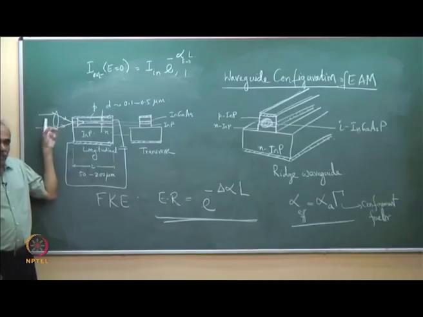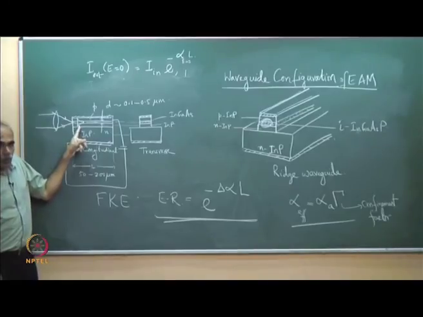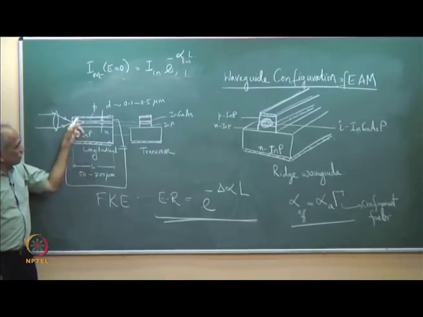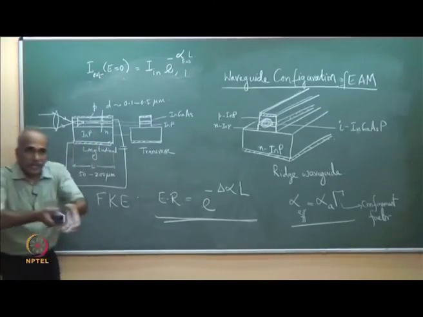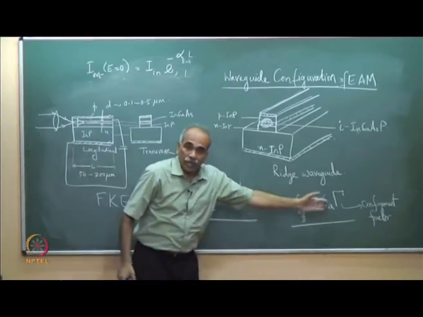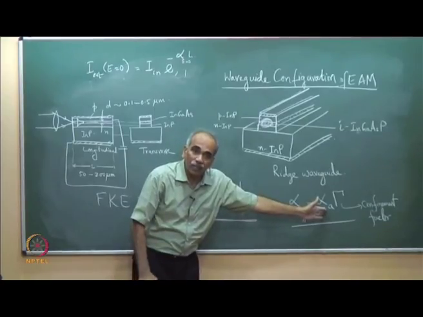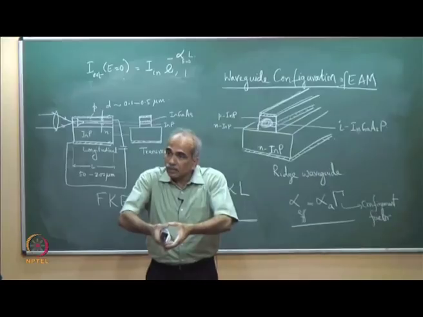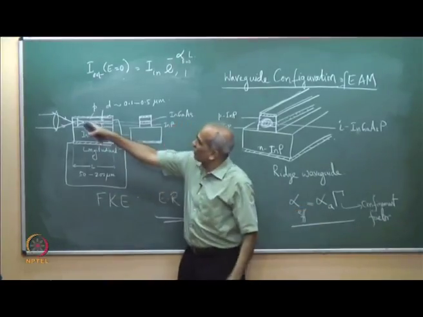When you launch light of some intensity I, note that because of the optical mode, a fraction of the energy is outside this layer, not the entire energy is seeing alpha A. Alpha A is the actual absorption coefficient of the material, but a fraction is outside.